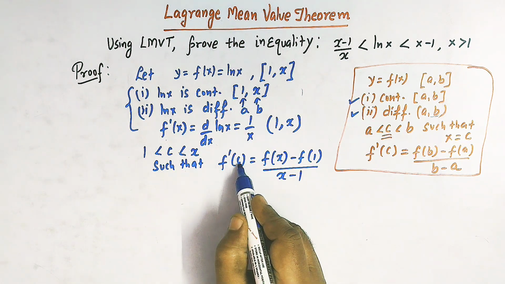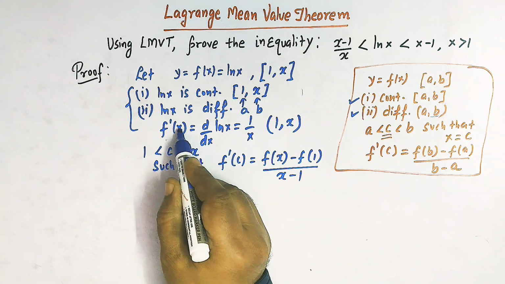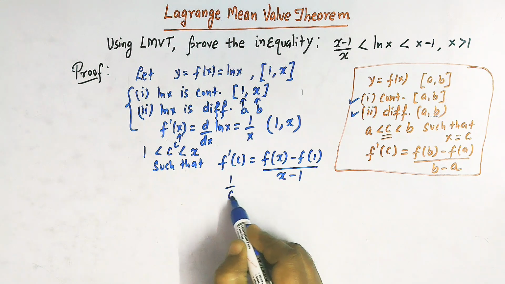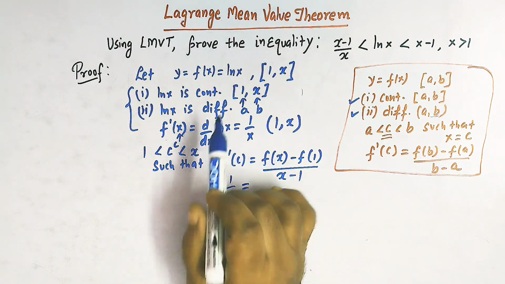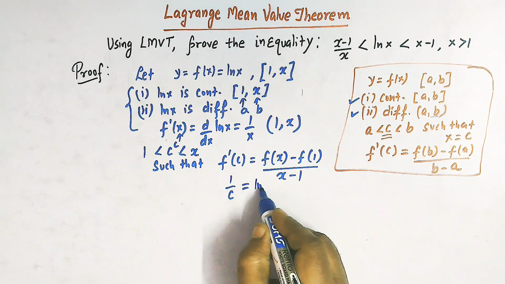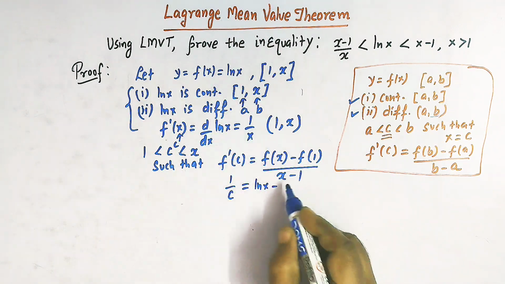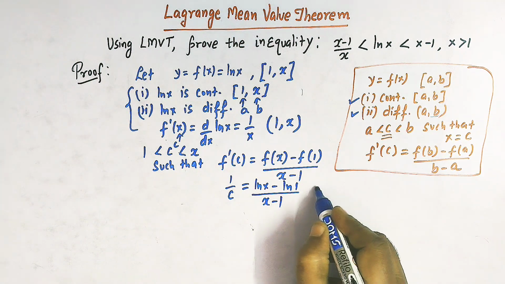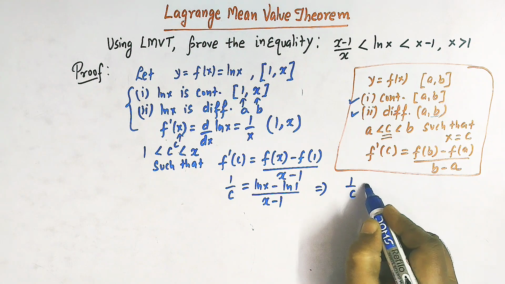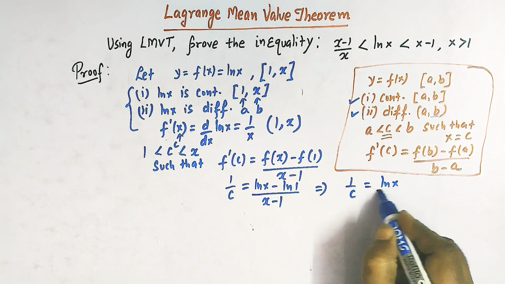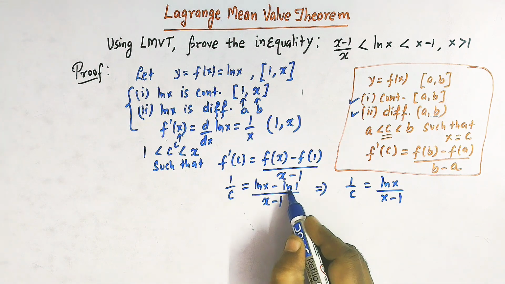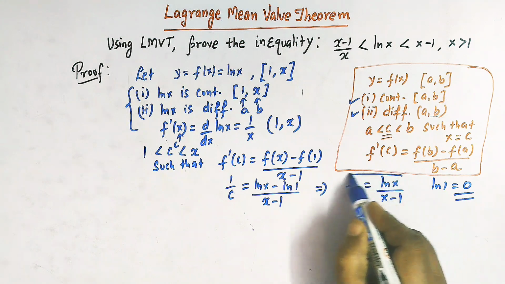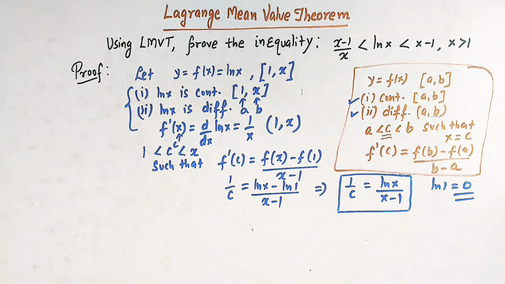Now f prime of c can be obtained by replacing this x by c, so we have 1 over c, and here f of x is log of x, and f of 1 is log of 1, and here we have x minus 1. So now we have 1 over c is equal to log of x divided by x minus 1, because log of 1 is equal to 0. So now we have this expression.